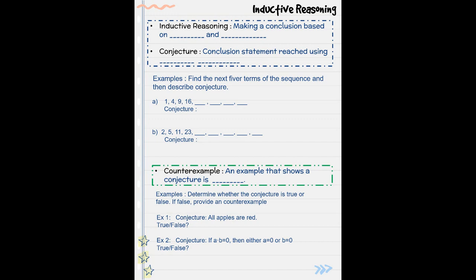So inductive reasoning is making a conclusion based on observations and patterns.